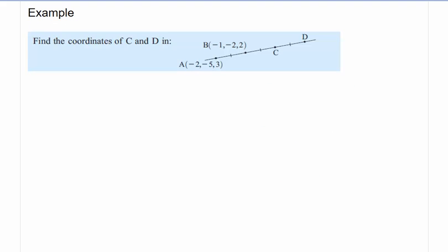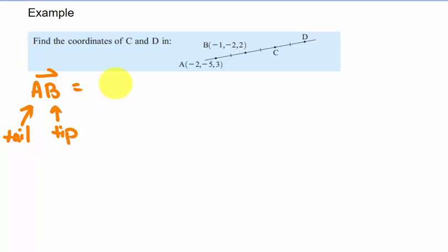For this question, I need to find coordinates c and d. I'm given a and b, so I'm going to start with finding my vector for a and b, because that is information that I can use right away. If this is the tip and this is the tail, then I'm going to do tip minus tail.